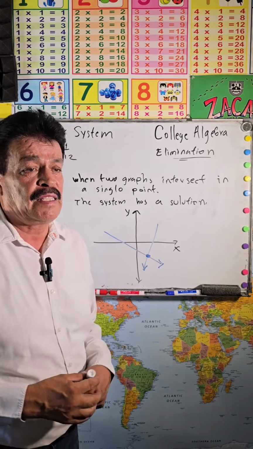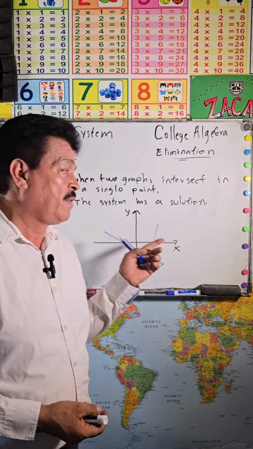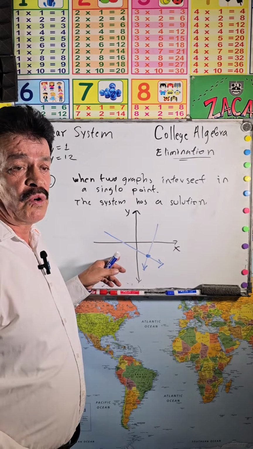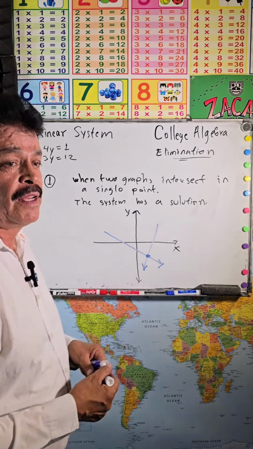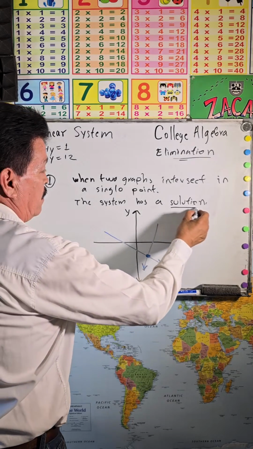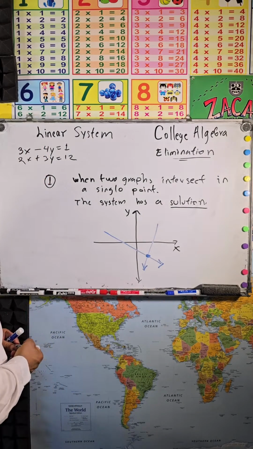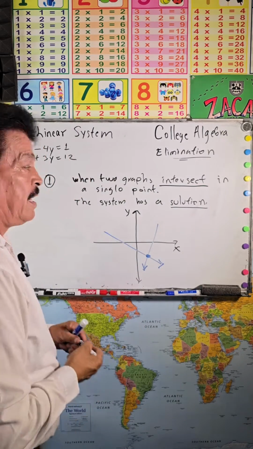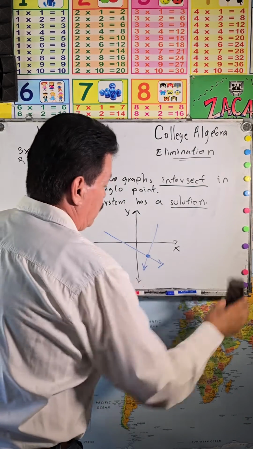So then the system of equations or inequalities has a solution. So it intersects. This is a main key, okay?